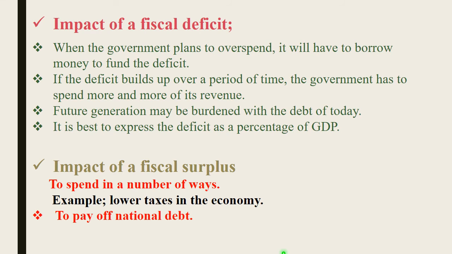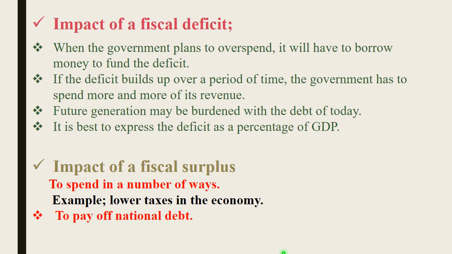And also, a fiscal deficit will be a burden for future generations. It is best to express the deficit as a percentage of GDP because that gives a clear picture of how the government is contributing to the country's economy in general.